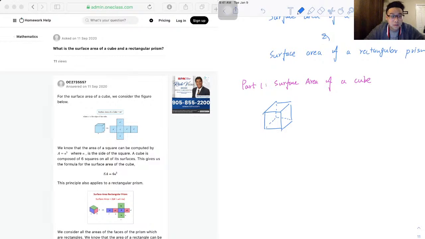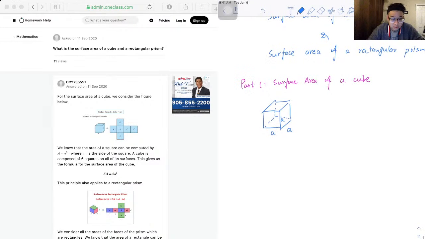Here we've got a cube, and we said it has a side a, because it's a cube, so every single side is equal to a. And now let's draw the expansion form of it.